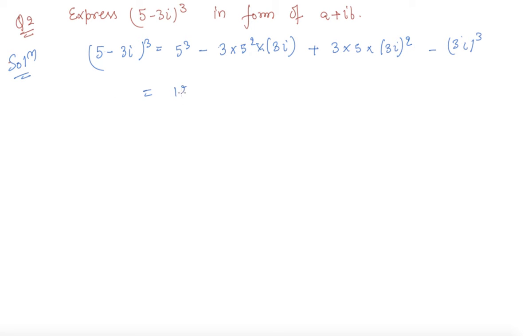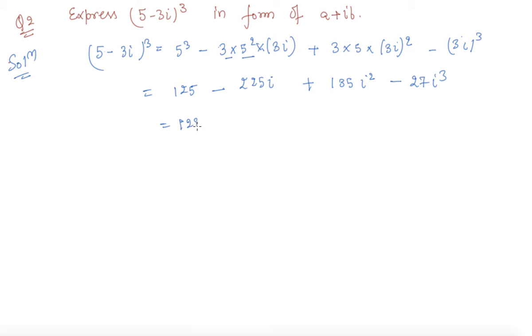On expanding, this is minus 125, 25 into 3, minus 75 into 3 is 225 iota, plus 15 into 9 is 135 iota square, minus 27 iota cube.